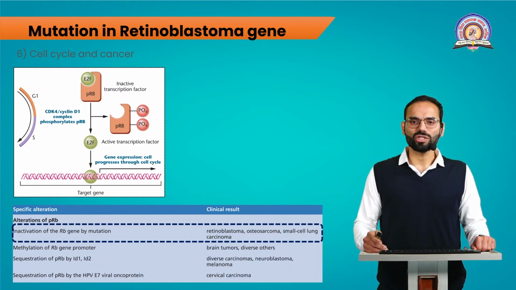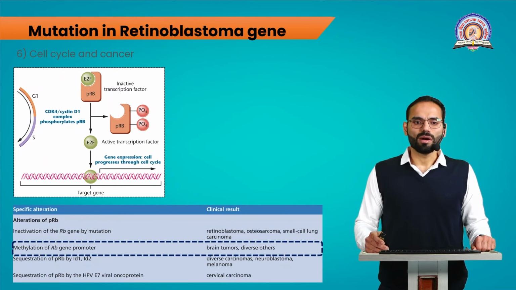So this retinoblastoma gene has been found mutated or altered in a range of different cancers. The first is inactivation of this retinoblastoma gene by mutation, which happens specifically in retinoblastoma, osteosarcoma, as well as small cell lung carcinoma.